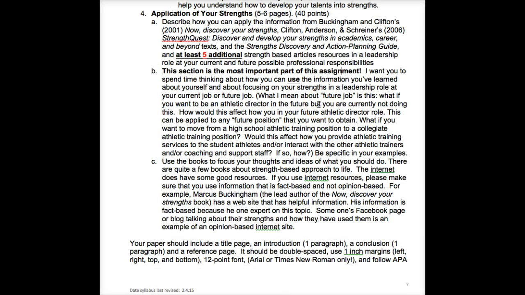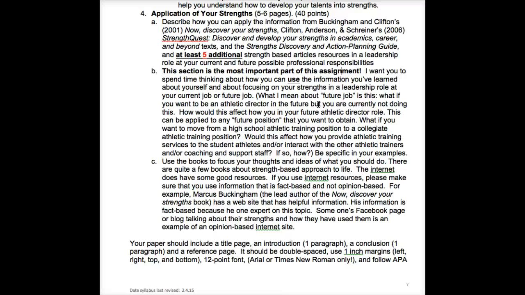And a future job meaning if you want to be an AD down the road and you're currently not doing that, how can you move to that role as an AD? So I want you to be very specific in your examples on how you can use this information from the books and the journal articles to actually use your strengths.